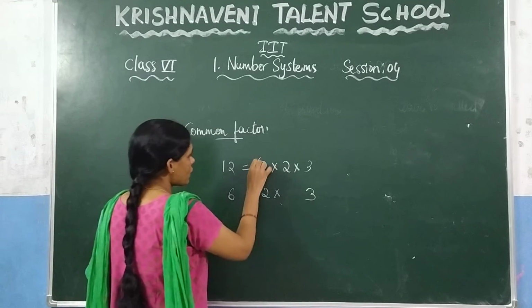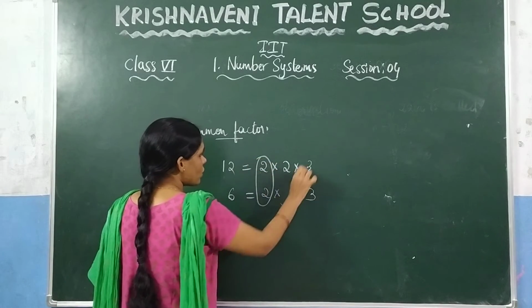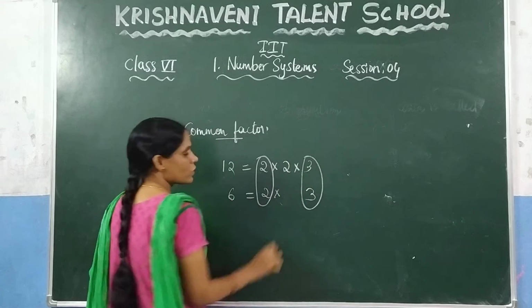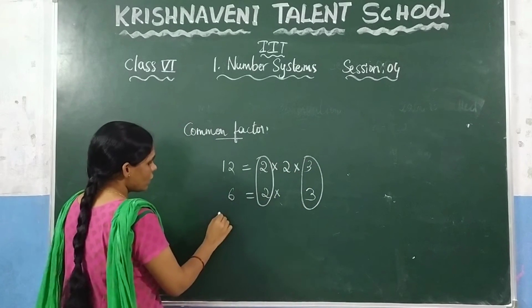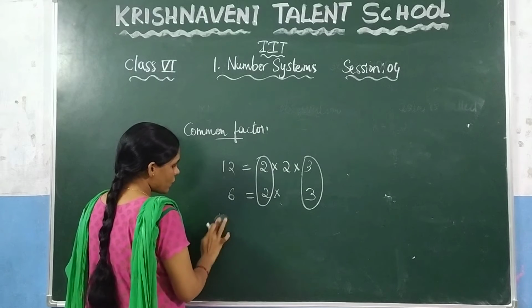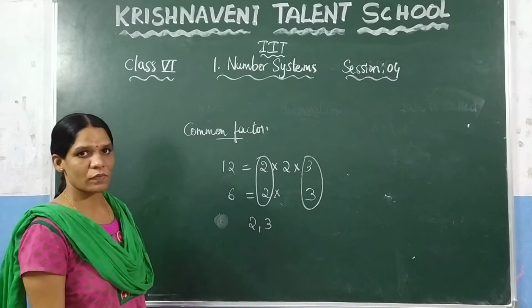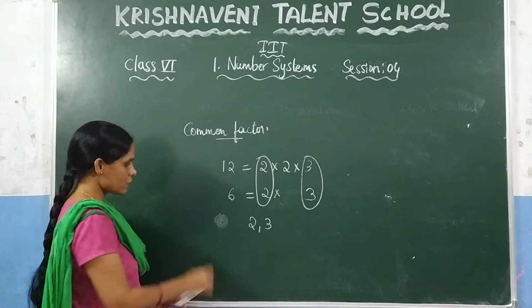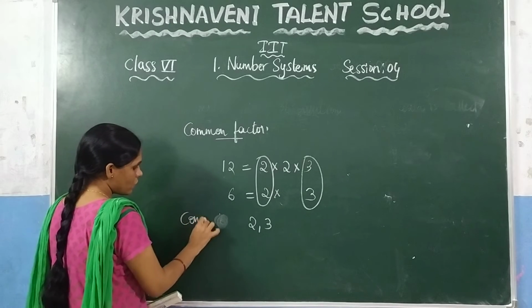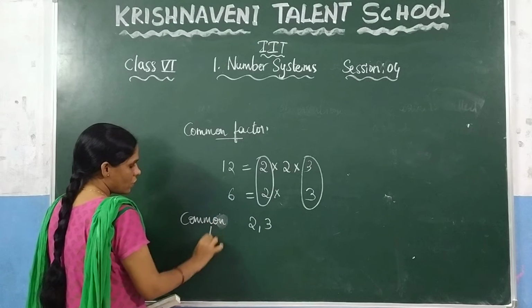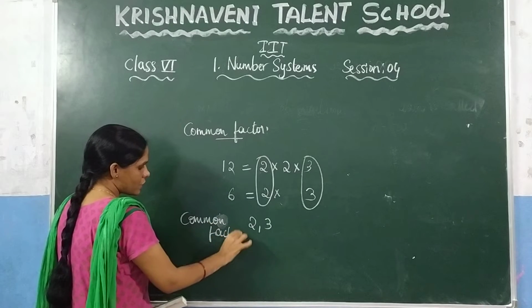Now, what is the common factor here? 2 is a common factor and 3 is also a common factor. So the common factors here are 2 and 3. These are the common factors of 6 and 12.